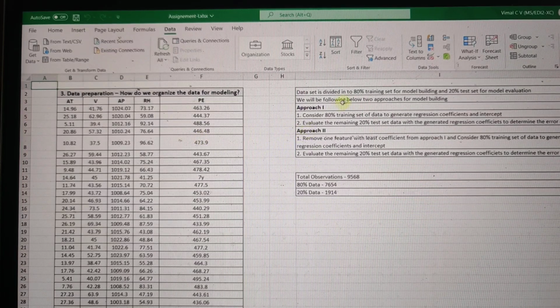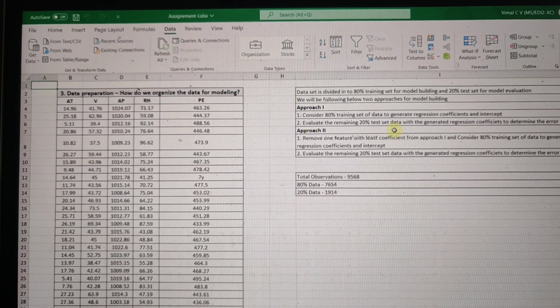As per the recommendation, the dataset should be divided into 80% for the training set and the remaining 20% for the test set for model evaluation. So these are the two approaches which I told you. For both approaches, once the model is built, we will be using the remaining 20% test data to evaluate the performance of the model, and we will finally be calculating the error metrics to identify which is the best approach to consider.